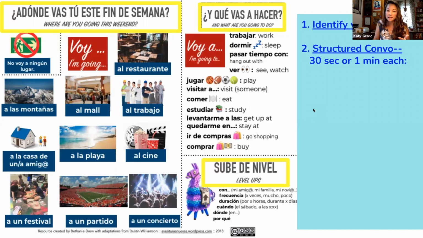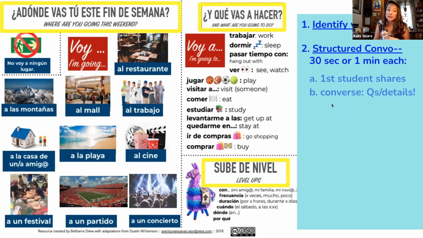So they have 30 seconds for each step in the conversation. We have conversations between two people. First off, the first student shares for 30 seconds, like, yo voy a ir pues al cine, yo voy a un partido, yo voy a comer, and they try and give as many details as possible.